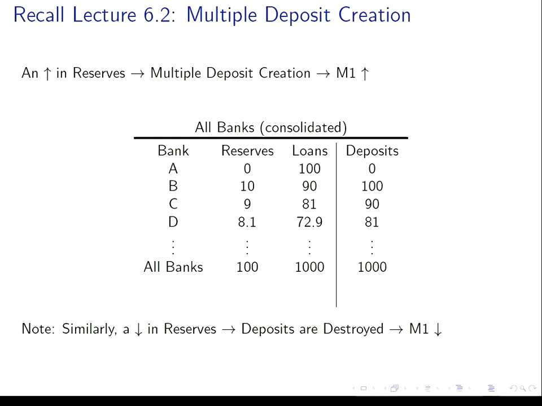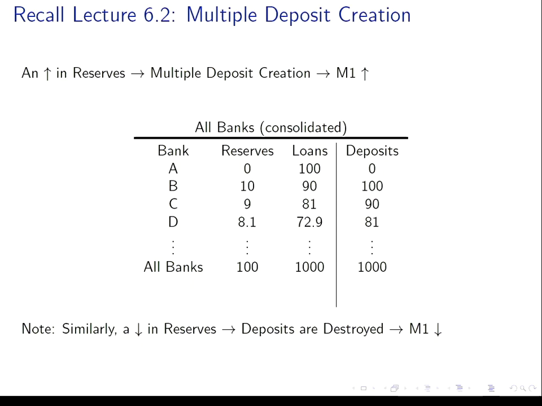Come again? $100. So the increase in reserves is exactly equal to what was at the beginning, right? When the central bank conducted open market purchase, reserves increased by $100. We had this whole multiple deposit creation channel, and then at the end, again, we are left with $100 increase.